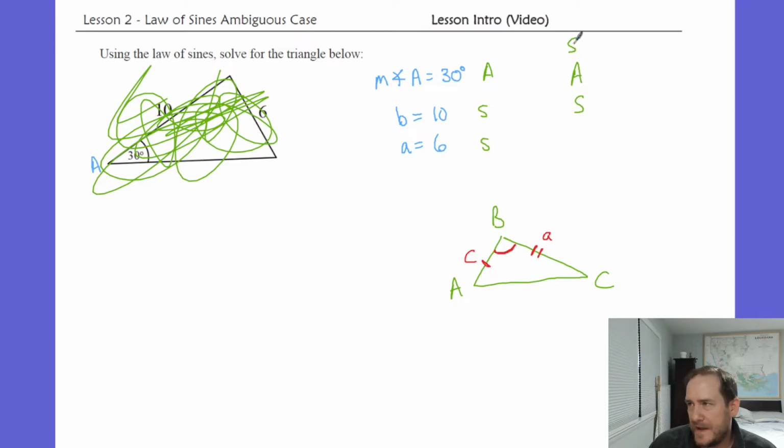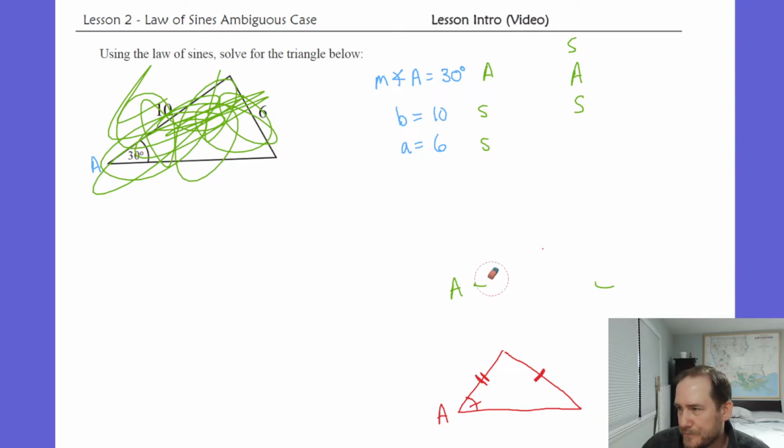You have SAS when the angle that you're given has a name that's different from the two sides. Notice that our angle shares its name with one of our sides. That means that one of our sides is opposite from our angle. So we have angle A, we also have side A, and then one of the other sides that we have is here. That's an ASS situation. So you can tell the difference based on the names of the parts.